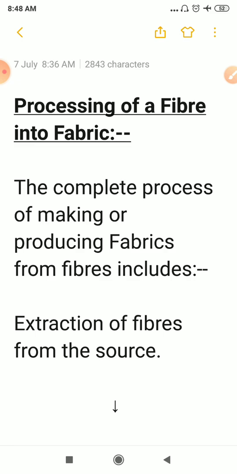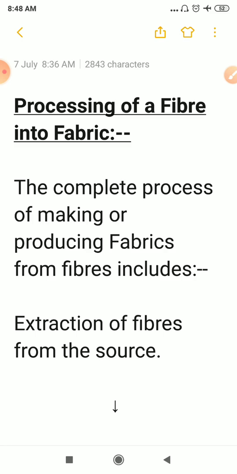You wear different types of clothes, a shirt, pant, tie. When you are at home, you wear something else. At the time of some special occasion, you wear different types of clothes.